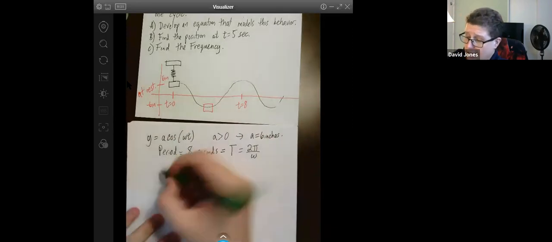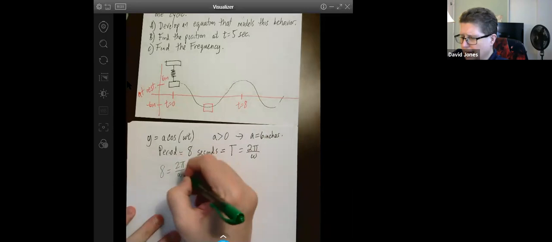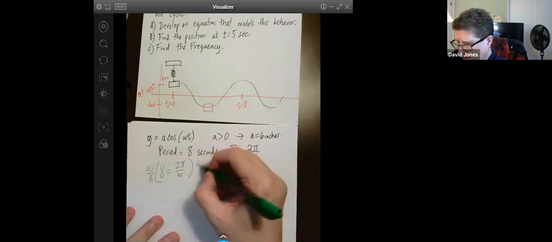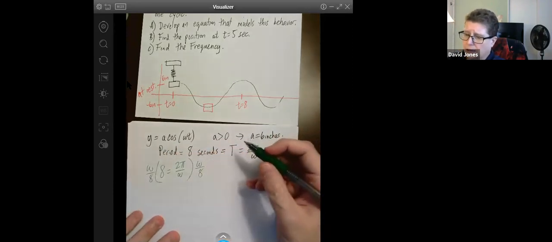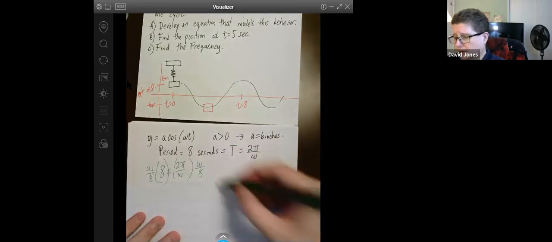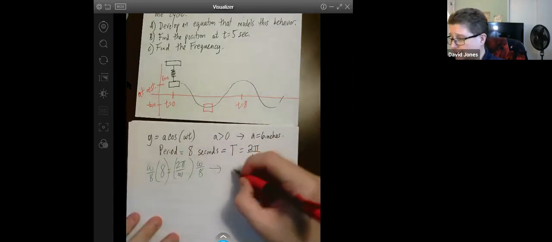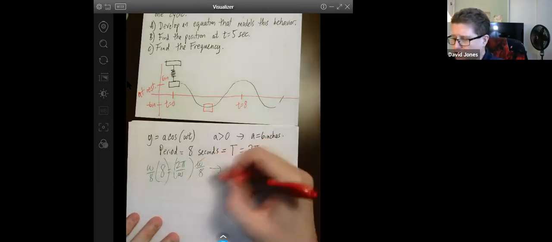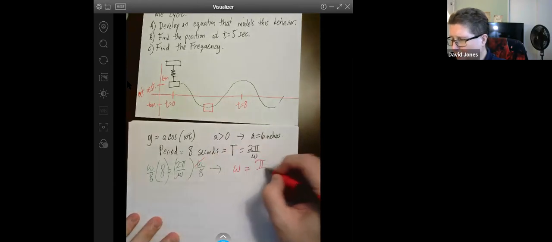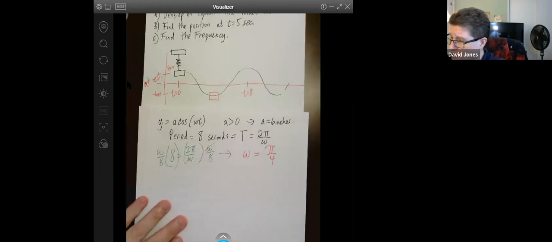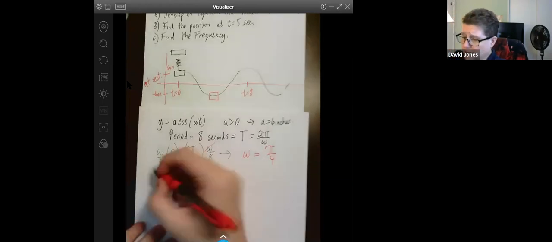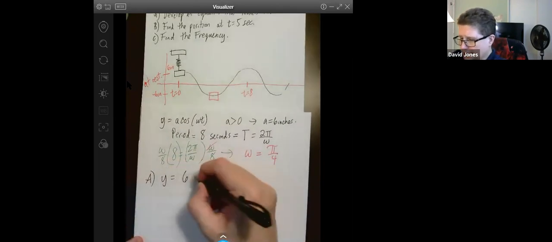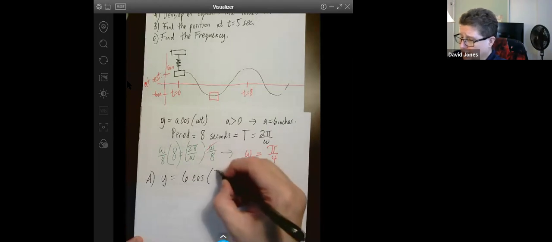So I've got 8 equals 2 pi over omega. I'm going to multiply everything by omega over 8. On the left side, we just end up with omega because the 8's cancel. Omega's canceled here. 2 over 8 simplifies to pi over 4. So I've got A, I've got omega. The answer to part A is y equals 6 cosine of pi over 4 times t.